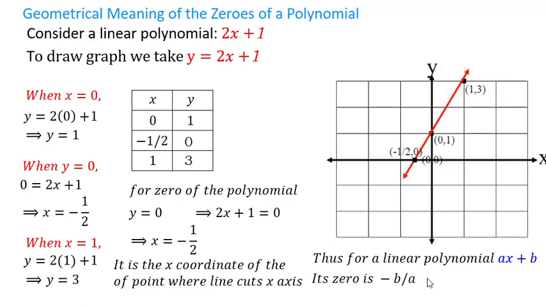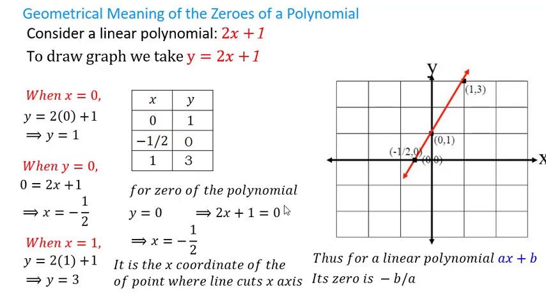So here I have discussed in short the relationship between the zero and the coefficients of the variables, right? I hope you have understood, for a linear polynomial, how the zero of a polynomial is related geometrically.